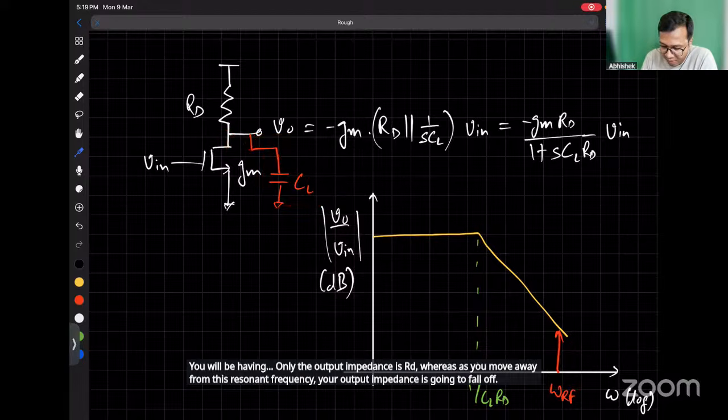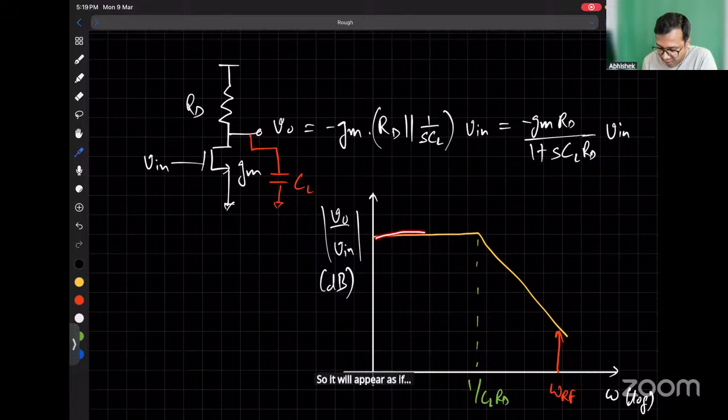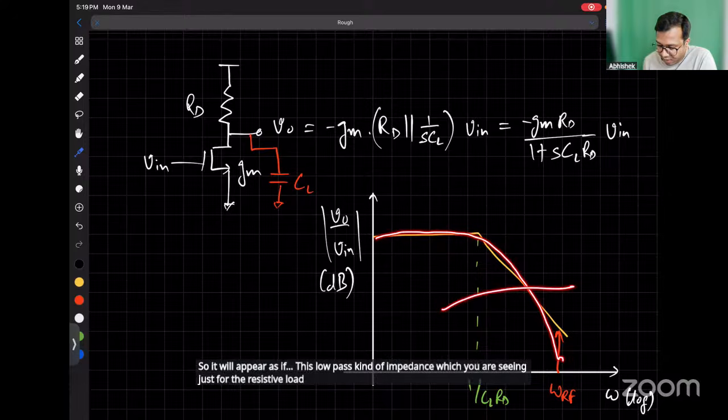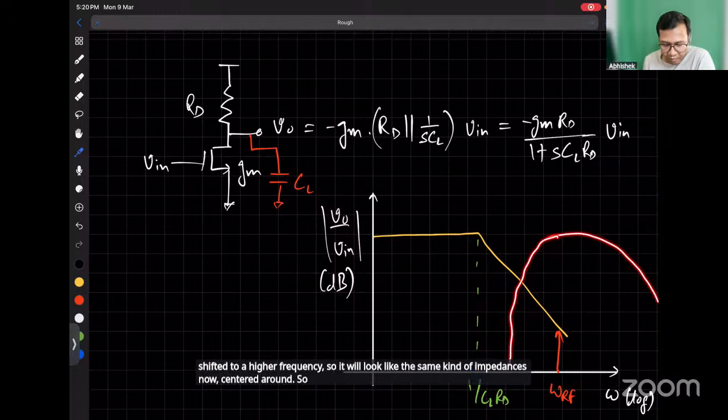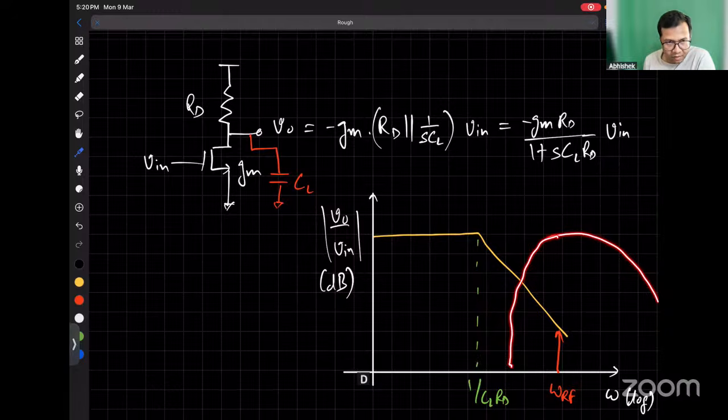So it will appear as if this low pass kind of impedance which you are seeing just for the resistive load has been shifted to a higher frequency. So it will look like the same kind of impedance is now centered around the omega RF instead of DC. Is this making sense?